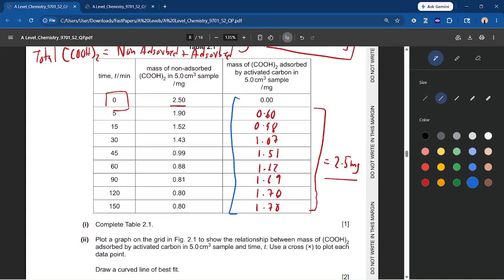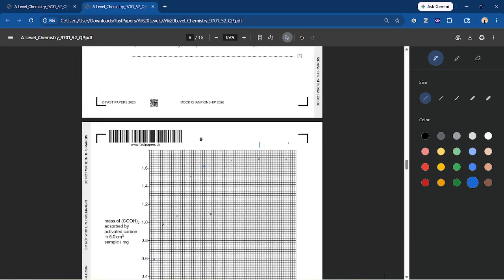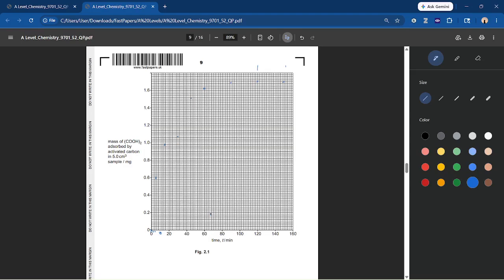All right, and now they say draw a curved line of best fit. So now if we were to plot, it will look something like, again, make sure you draw yours better than I'm doing over here. I'm using a drawing pad and I'm not the best at this, so it's not going to come out the best.